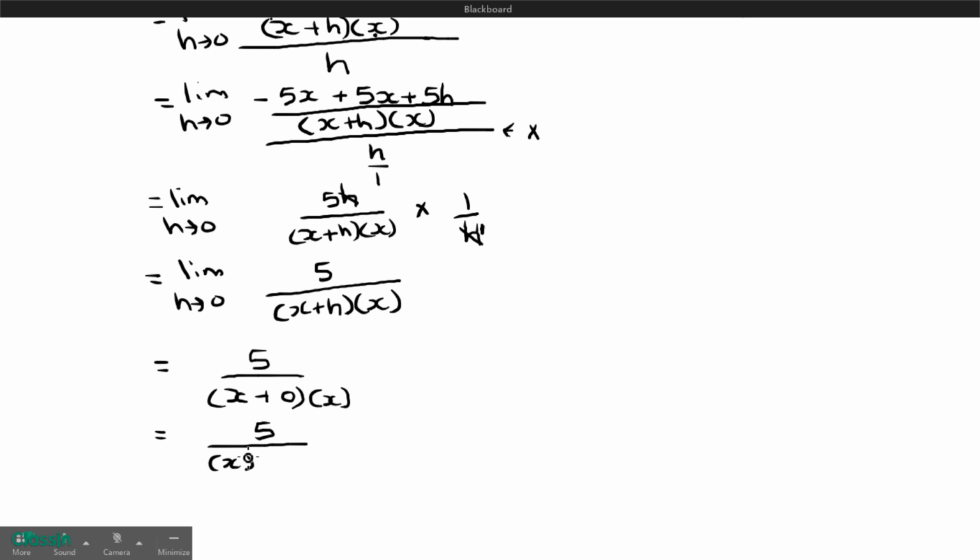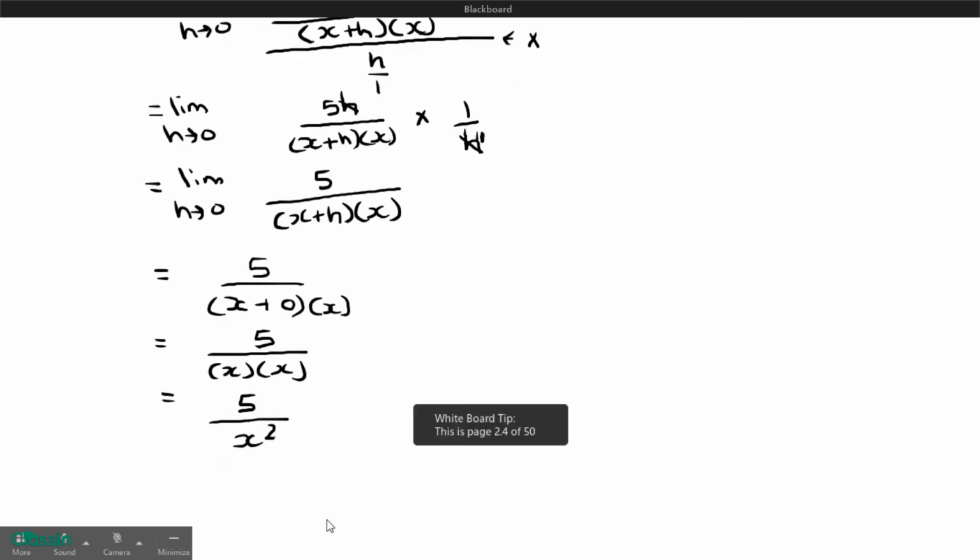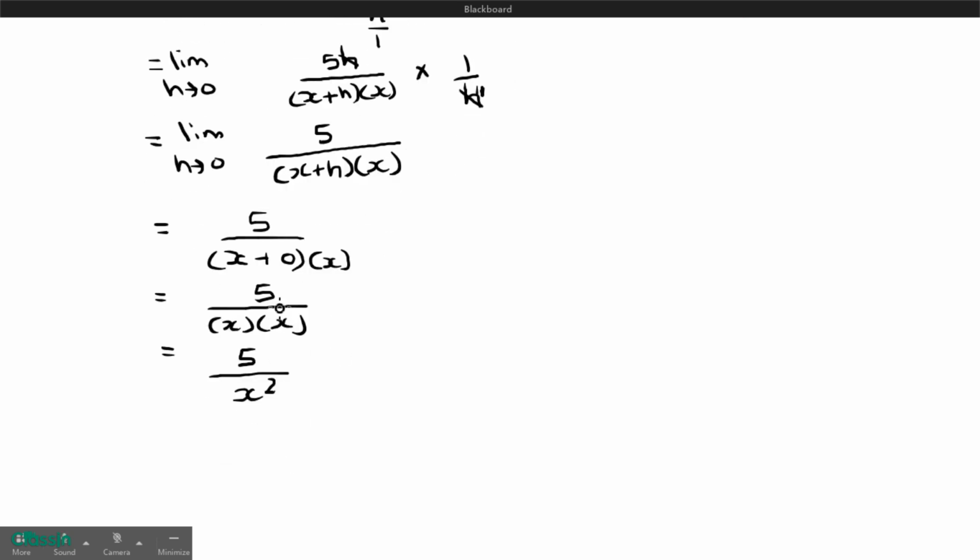It is the same as x, and x. Then the final answer will be 5 over x multiplied by x, which is x squared. So this means that f prime of x from first principles is 5 divided by x squared.